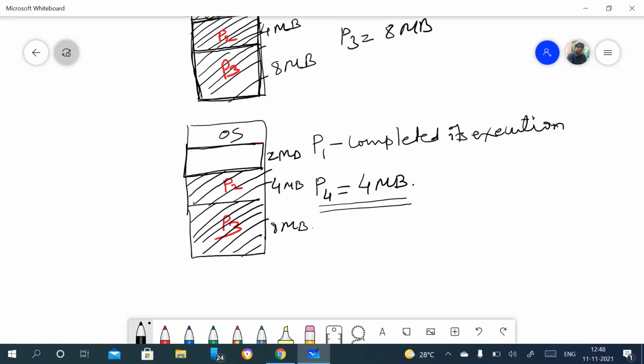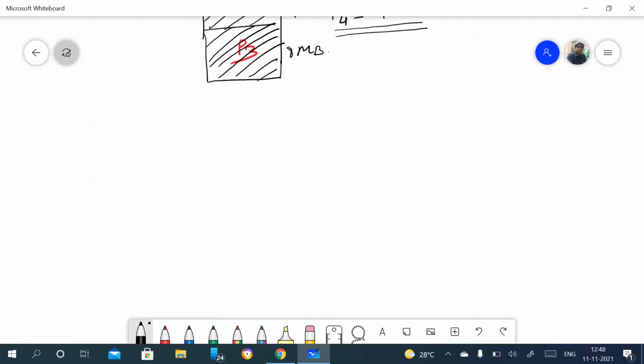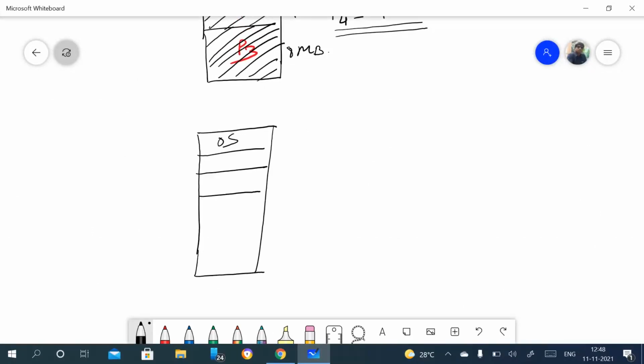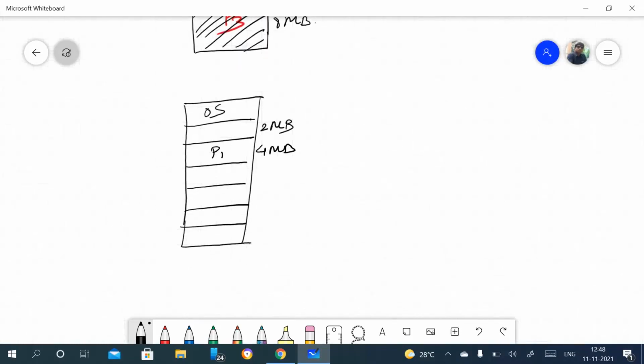Now one more scenario that I'll tell you here. Consider this is the first slot, second slot, third, fourth. This is a 2 MB slot. This is 4 MB, occupied by P2, and this is by P3.